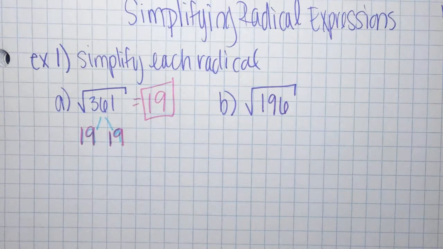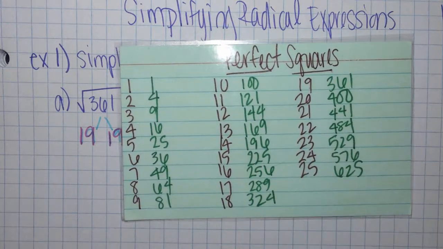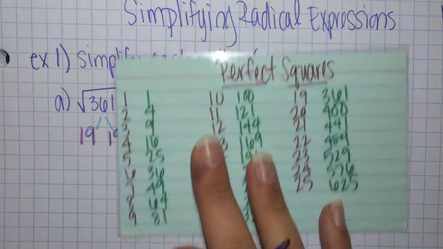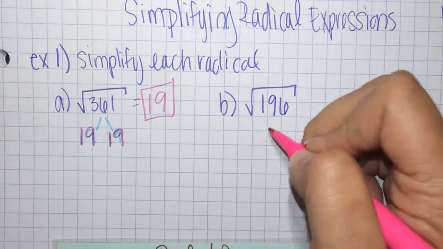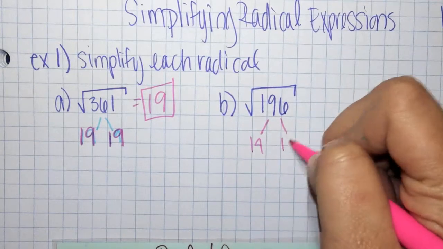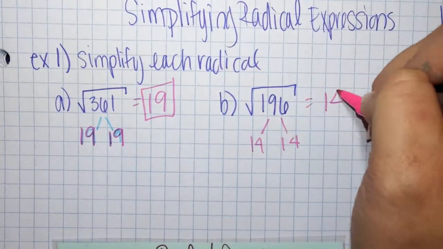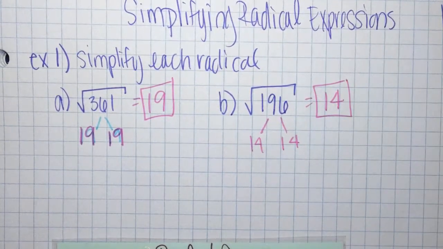Let everybody have a moment to look through their perfect square card. I will even put mine on the board. All right, Natalie, what is the answer? 14. Take a point. Because 14 times 14 gives you 196.